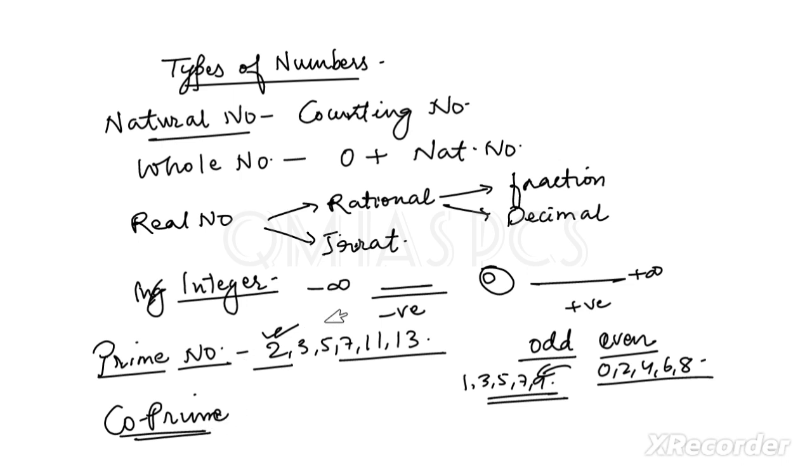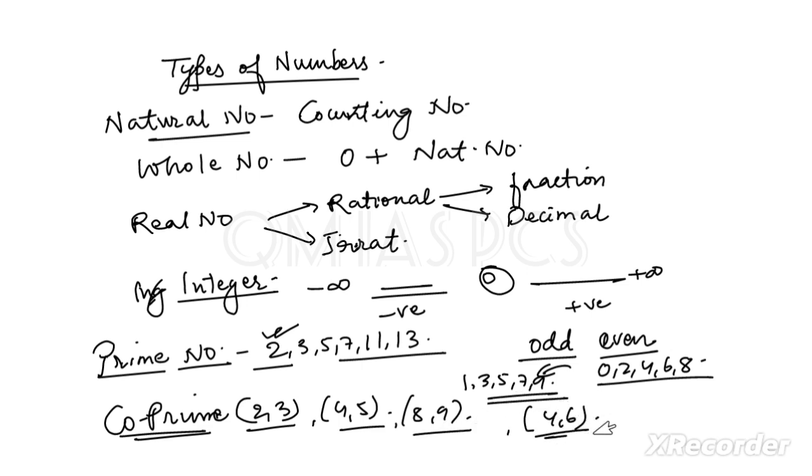Co-prime means a pair of numbers whose common factor is only 1. Like 2 and 3, common factor is 1. 4 and 5, common factor is 1. 8 and 9, common factor is 1. But 4 and 6 have common factors 1 and 2 also, so this is not a co-prime pair.